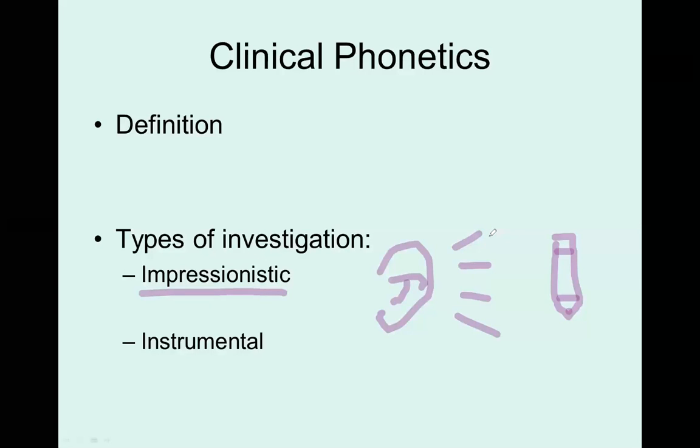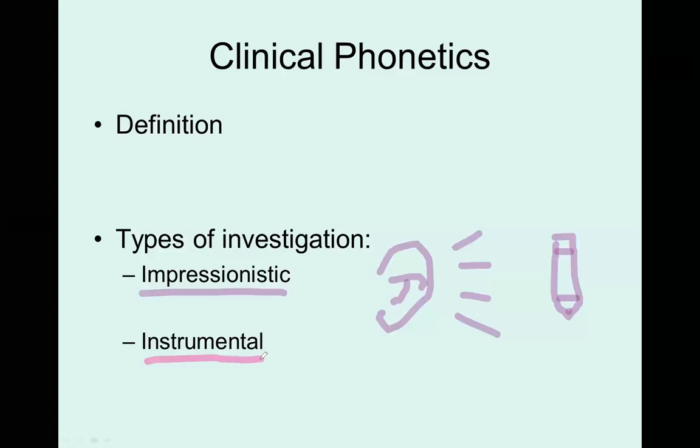You might have your own way of sounding out what you're hearing using your knowledge of the English alphabet, but that's not very effective at conveying what you hear, for reasons we'll get into pretty soon. So we have a special system of transcription, and that type of recording of disordered or normal speech sounds is called impressionistic.